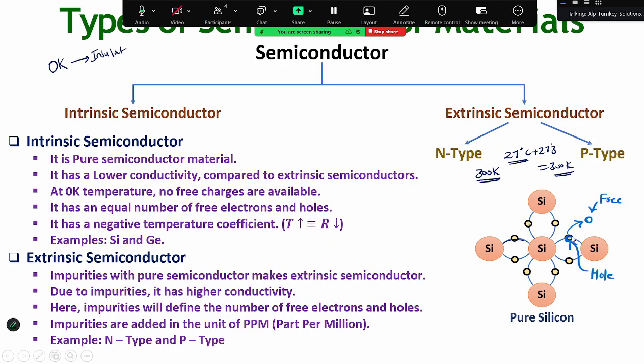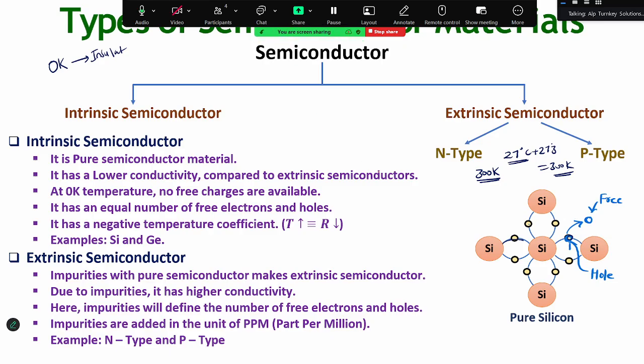This electron will acquire some energy and break this covalent bond and become free. That means it will jump from valence band to conduction band. That many number of electrons jumping from the valence band to the conduction band, that many number of holes are available.